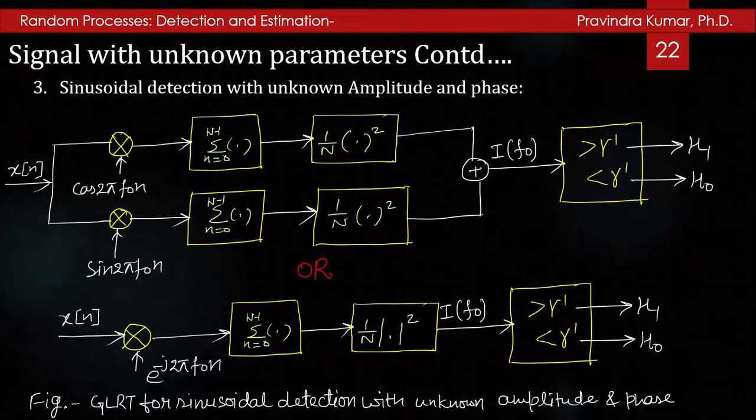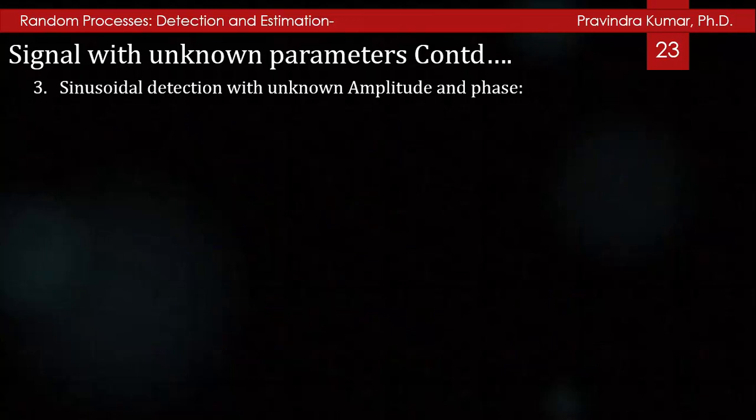Then compare this periodogram with the threshold value. If it is greater than the threshold value, you decide hypothesis H1, and if less than the threshold value, you decide H0. This detector is also known as an incoherent or quadrature matched filter.